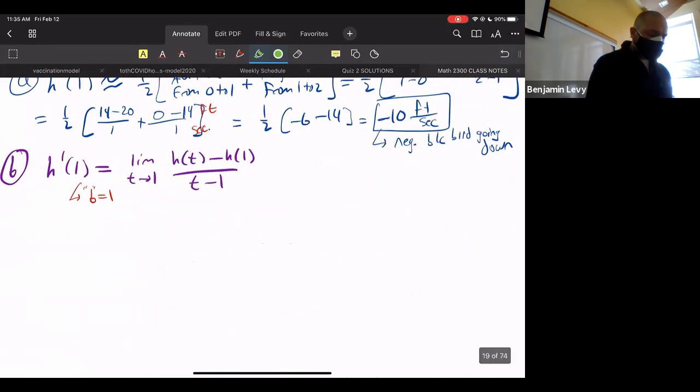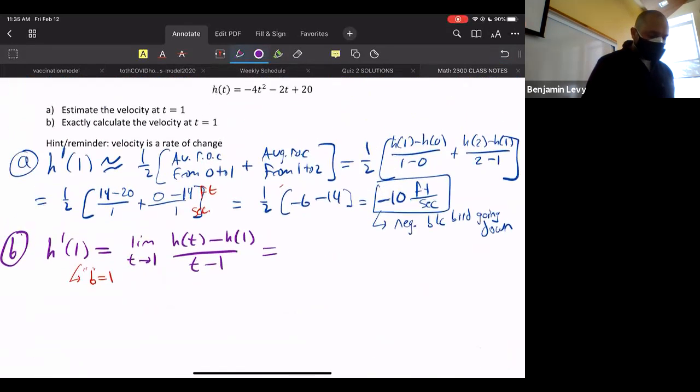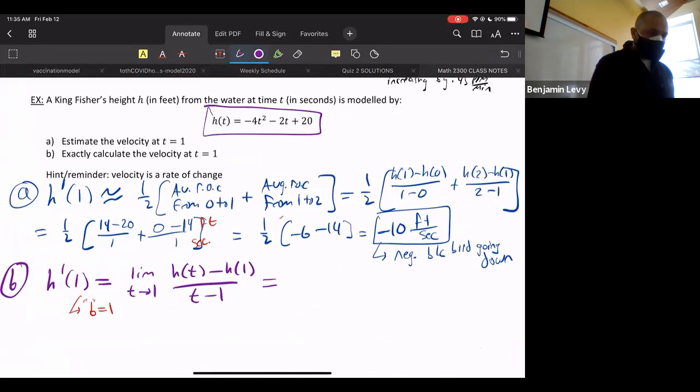Let's do it. h of t is just the thing right here, so that goes right into the h of t spot. And then h of 1, we just found from the previous part, when you plug a 1 in there, we got 14.